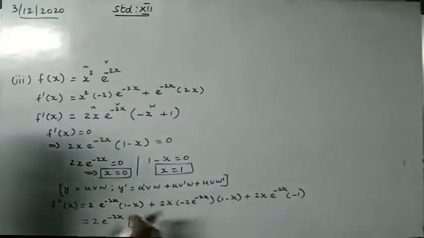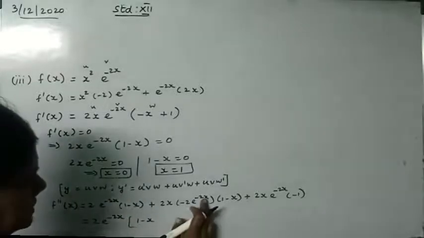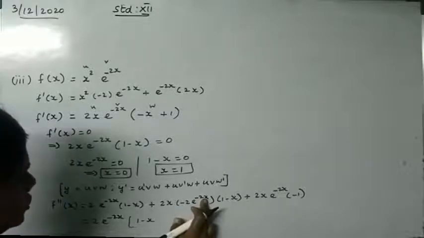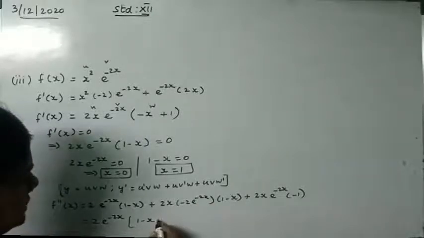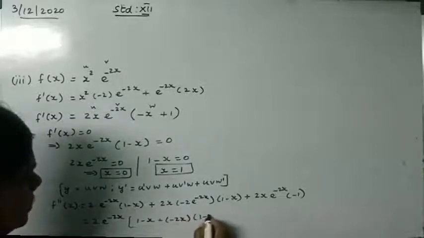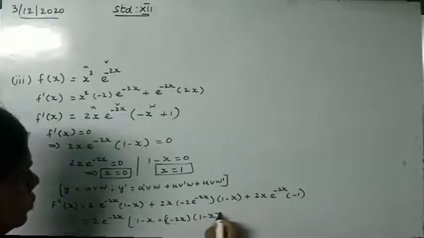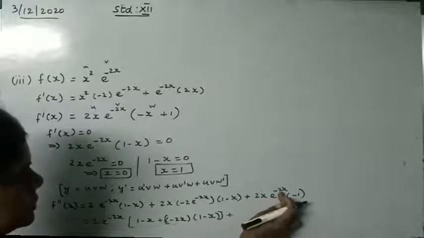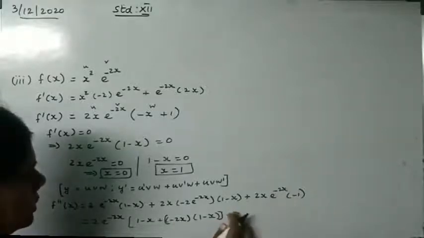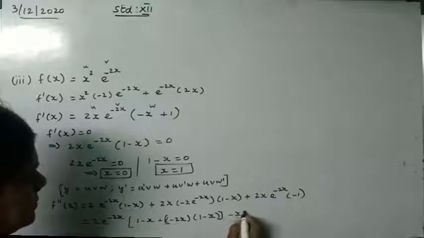And here 2 e power minus 2x goes out, so balance minus 2x, take here minus 2x into 1 minus x. So the whole is one factor. Plus is a separate term. And 2 e power minus 2x goes out, here only 1 minus x is balance.